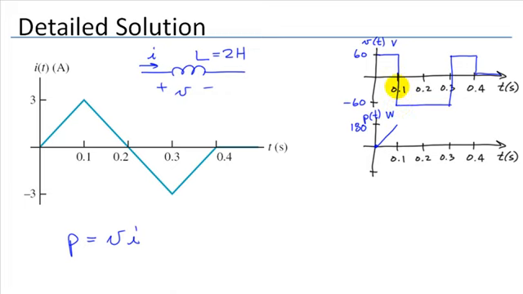Now here we have an abrupt change to minus 60 volts, but the current is still at 3 amps. So we abruptly change the power to minus 180 watts. Now in this time interval, we see that the voltage is constant, but the current is declining towards 0.